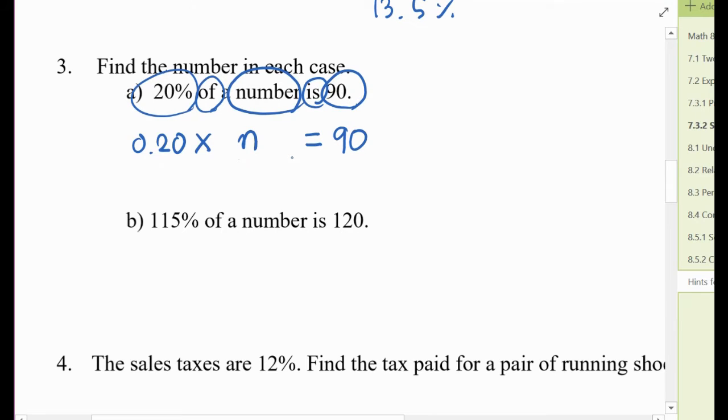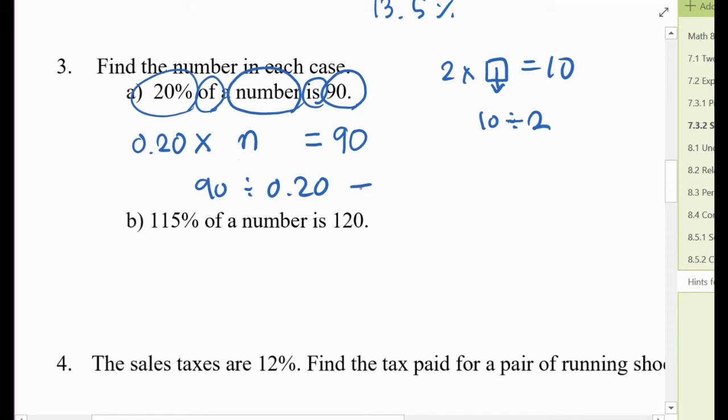And everyone, when you have 2 times something equals 10, how do you find something? So you divide 10 divided by 2. Is that right? Same thing. We're going to divide 90 divided by 0.20. Okay? So n is 90 divided by 0.20.